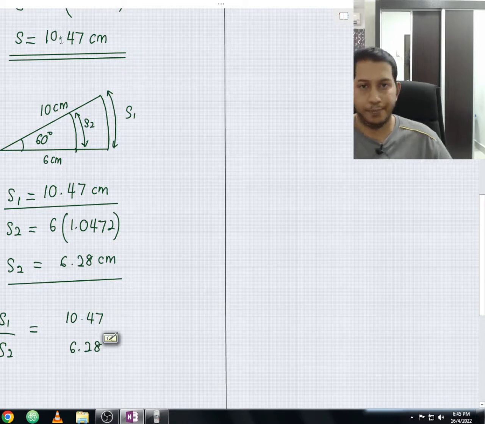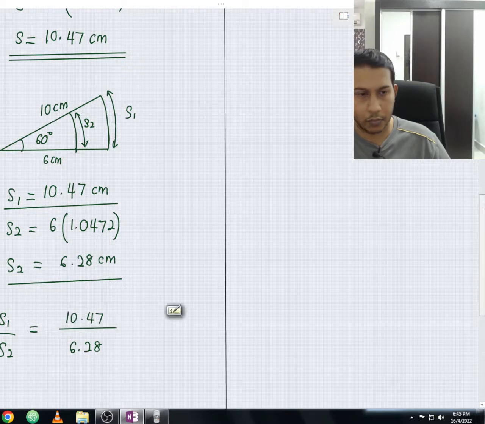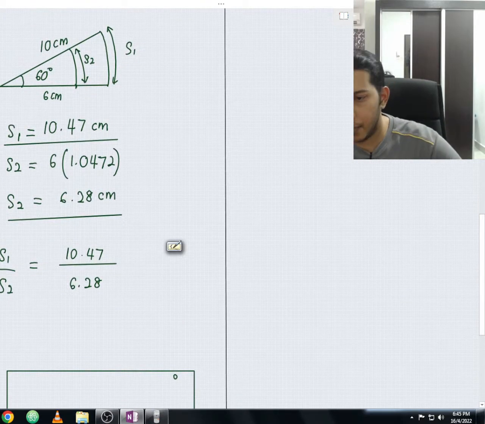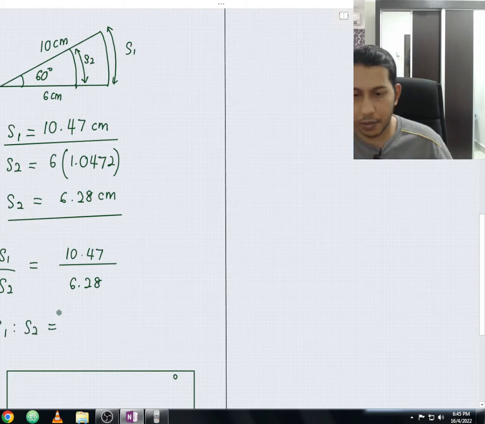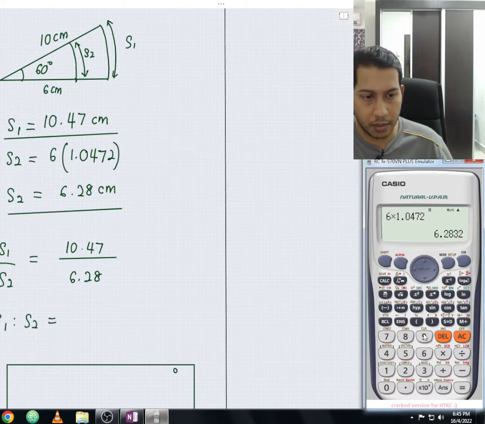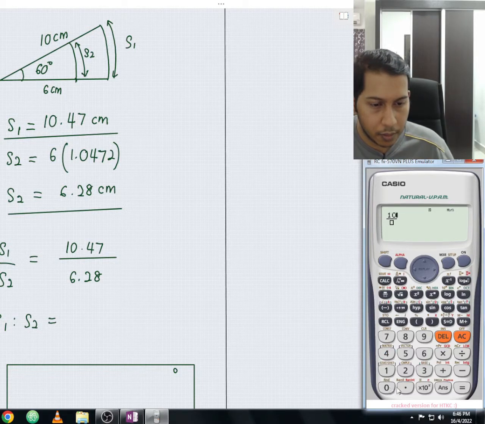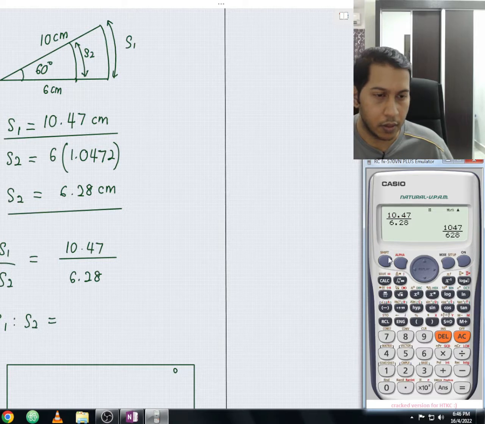So your ratio of length of the arc S1 is to S2 will be equals to 10.47 divided with 6.28, so convert it into the decimal form.